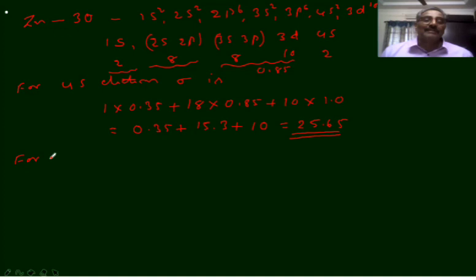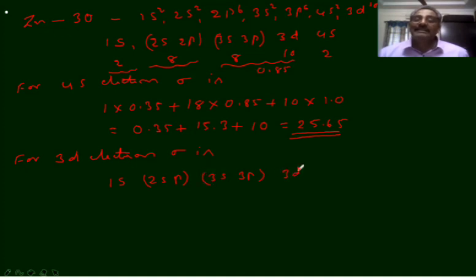For d electrons, let us calculate for the 3d electron. For 3d electron, the arrangement is 1s, 2s 2p, 3s 3p, 3d, 4s.